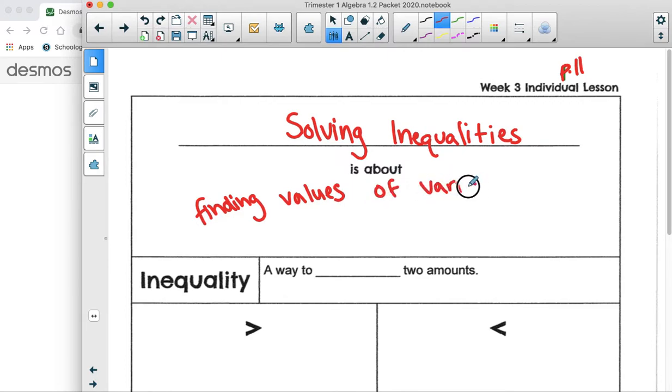So very similar to what we did with solving equations, which should be why it kind of feels like review, okay, to make true inequalities. True just means that it actually works, okay?